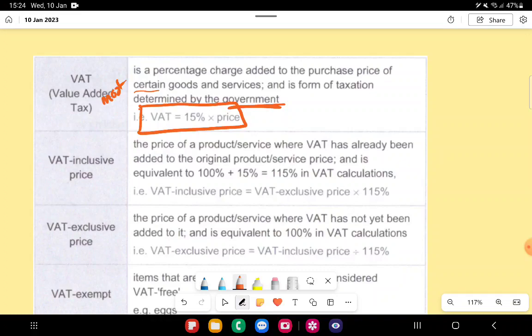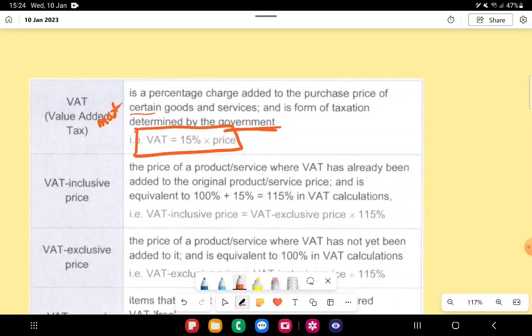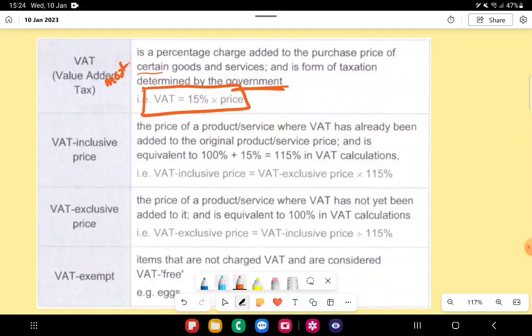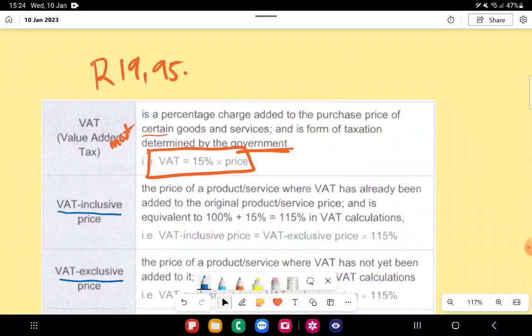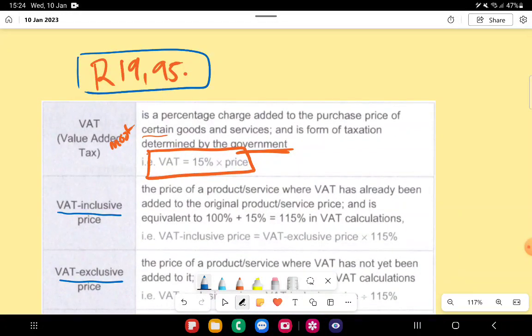Now, when you go to the store, you are going to see that there is a price tag. Let's say you want to buy something and it is 19.95 Rand. That is the price of the good in the shop. There are two words that you need to understand, and that is VAT inclusive and VAT exclusive. Is this amount inclusive of VAT?